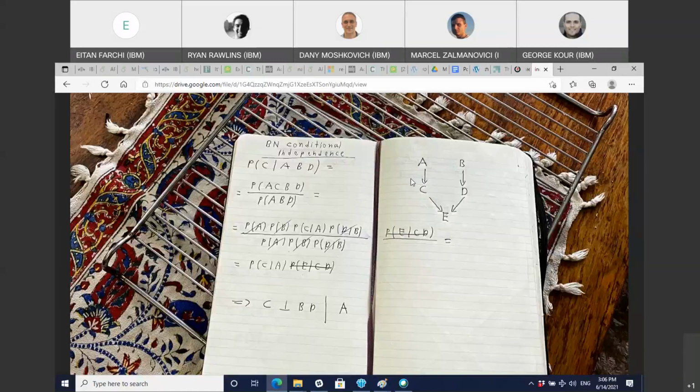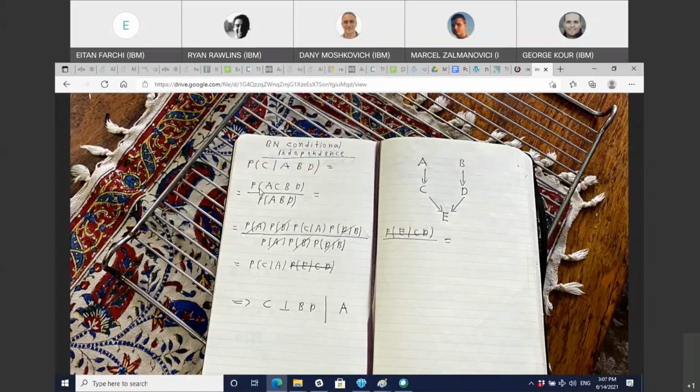So when you factor the joint probabilities, you use the structure of the network to essentially simplify the factoring.